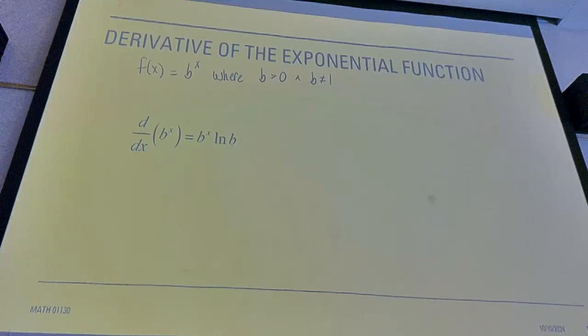The derivative of the exponential function is b to the x times log of b.